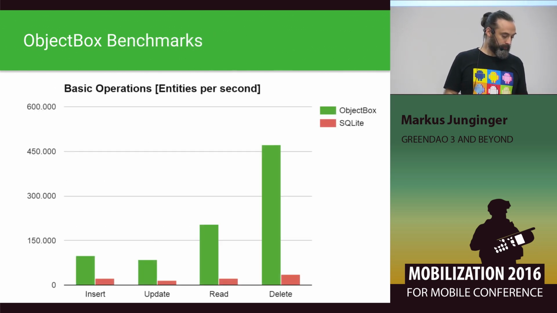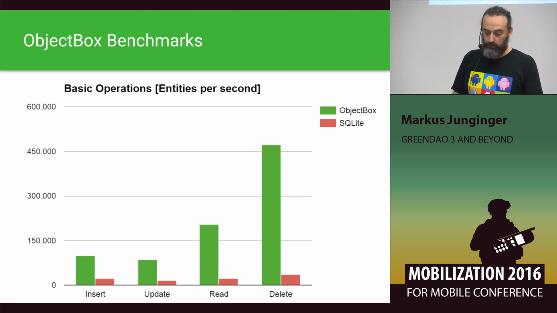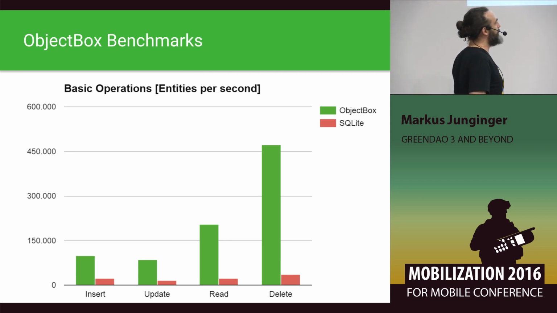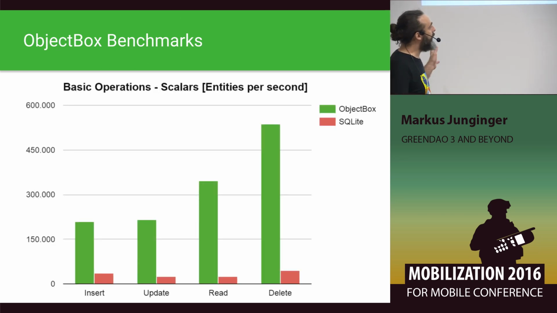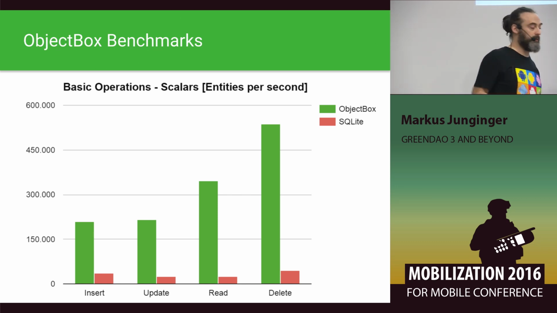And these are benchmarks of how it performs versus SQLite. And yeah, bigger is better. It also depends on what data it is. And 100,000 entities is not a problem at all.